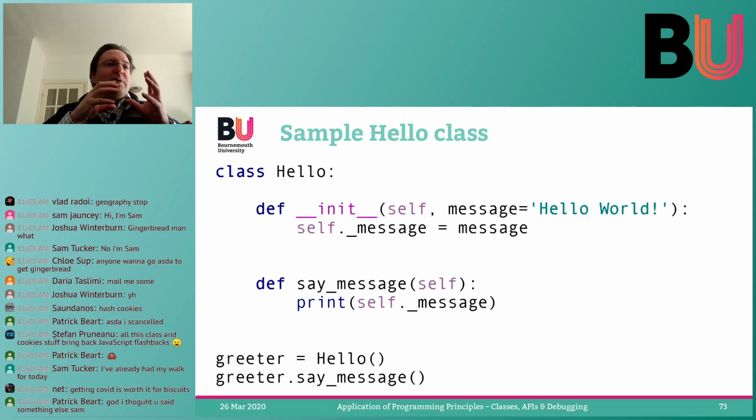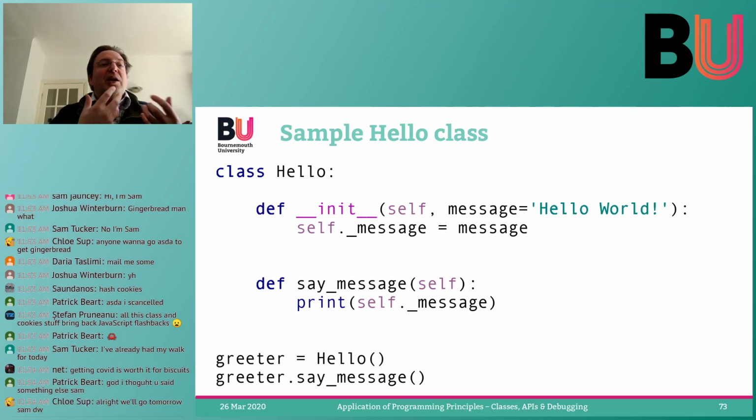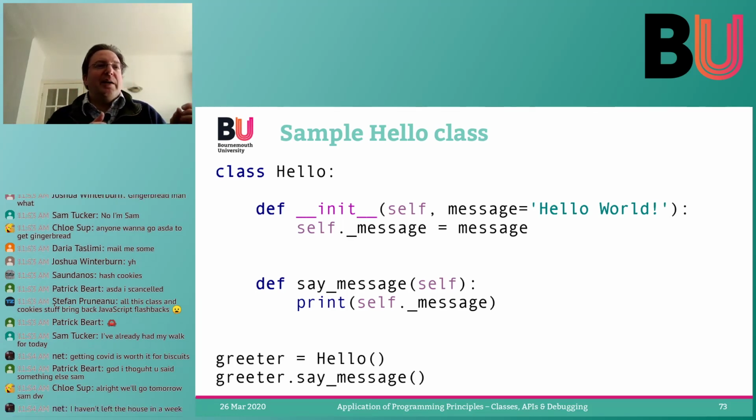So in this particular case, the constructor for hello, so this initializes it, takes of course the self parameter and a parameter called message with the default message hello world. And then you can just assign on the self object a variable. So by naming the variable and giving the value, it automatically gets created for you. And then we assign that the message parameter.